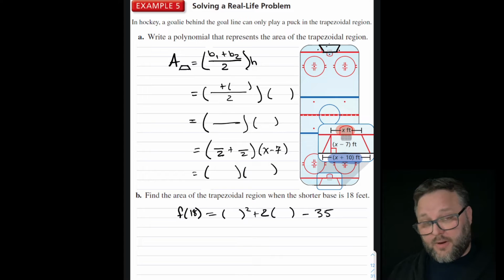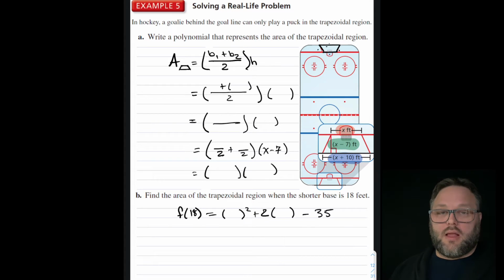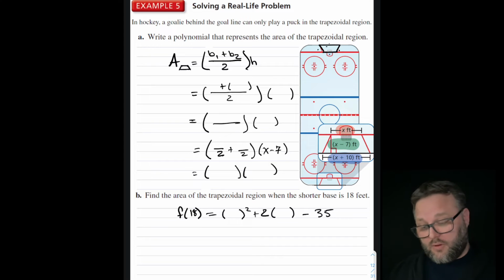We're told the parallel line is X plus 10, so 10 feet more than where the goalie stands. And we're also told the height, or the distance between the goal and the backboard, is X minus 7 feet. We just don't know how wide that is. For some reason, we know it takes 7 feet off, and it's goal to backboard. And if you add 10 feet, that's the length of its parallel side to where the goalie is.